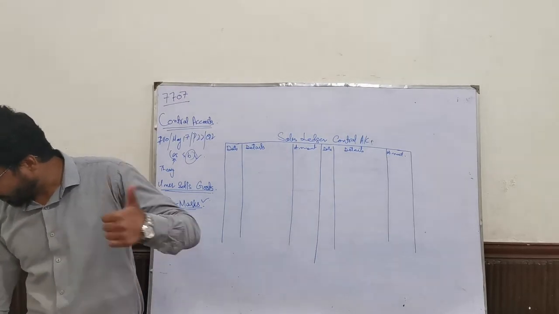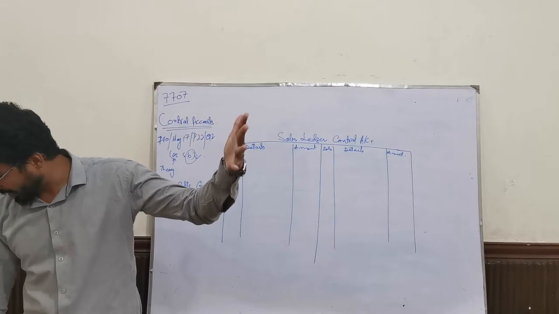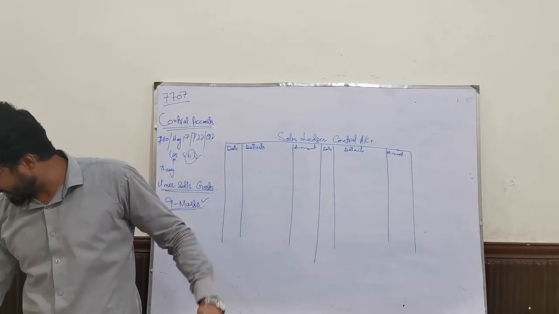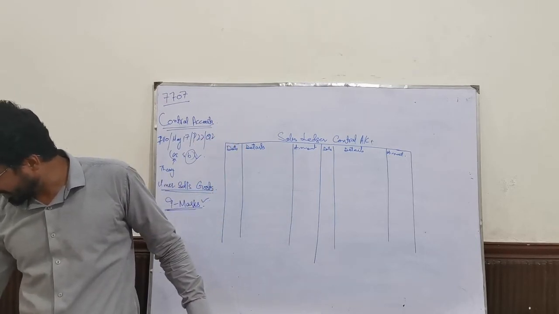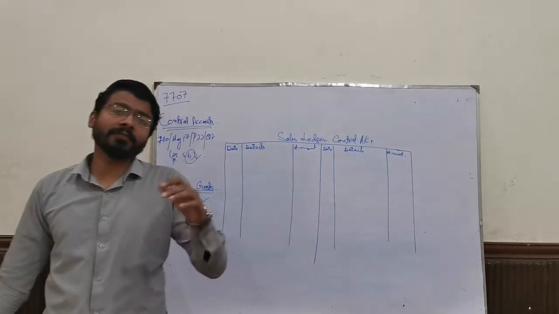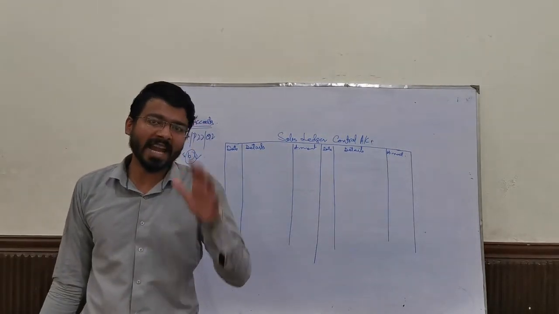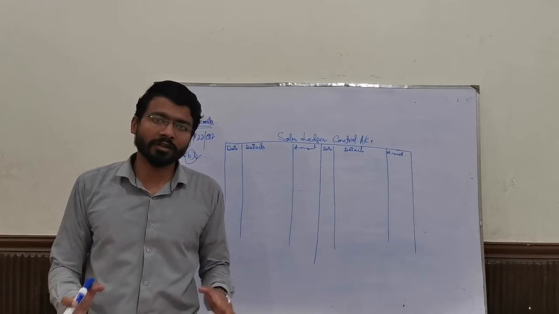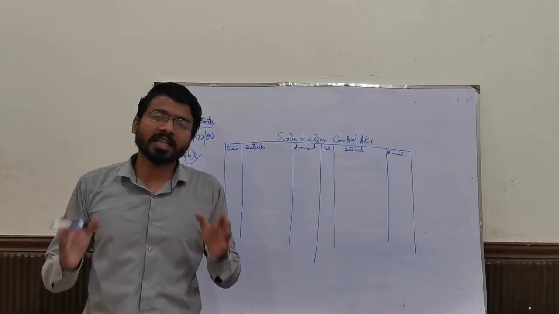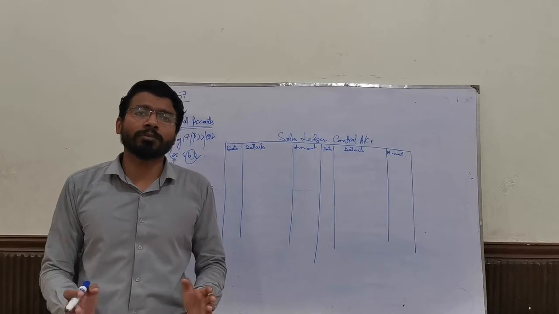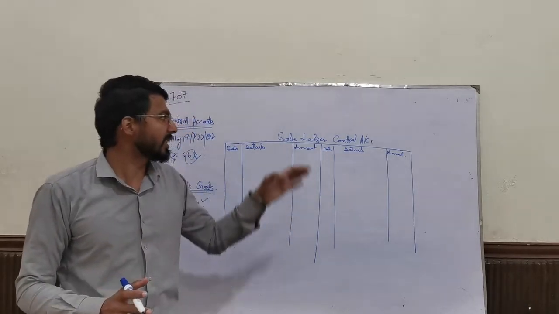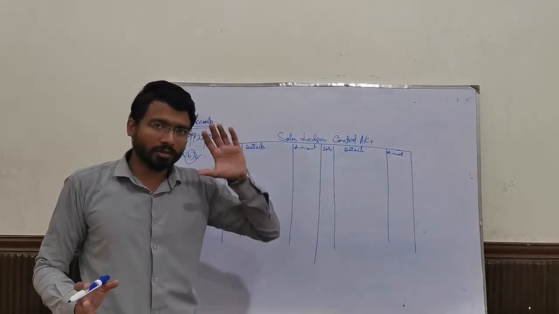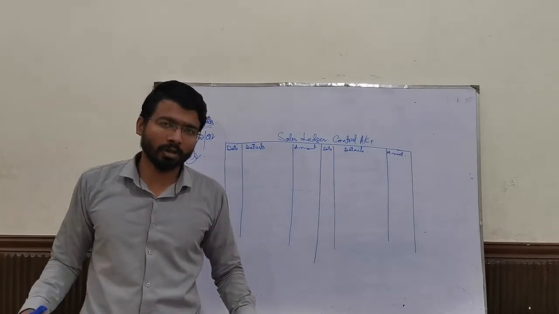In total I have 8 numeric figures in the question. What I have to do is incorporate these 8 figures, do a little bit of calculations, and I'll get all the marks.